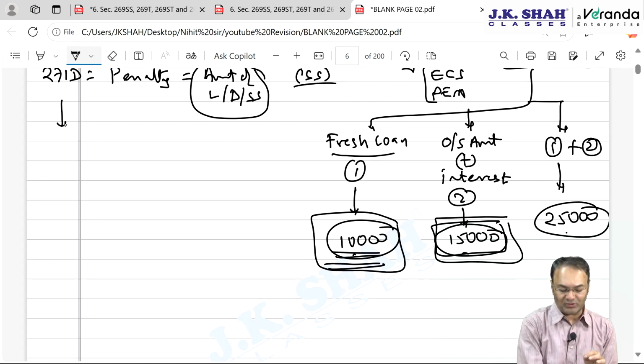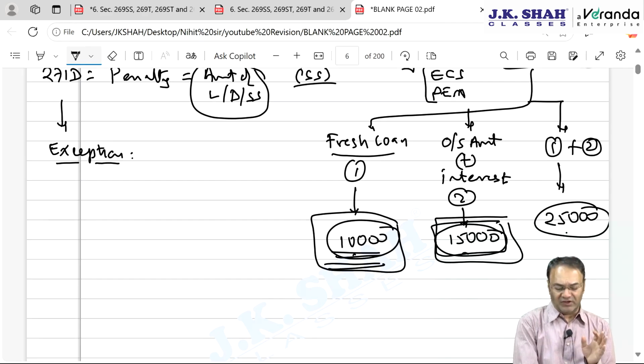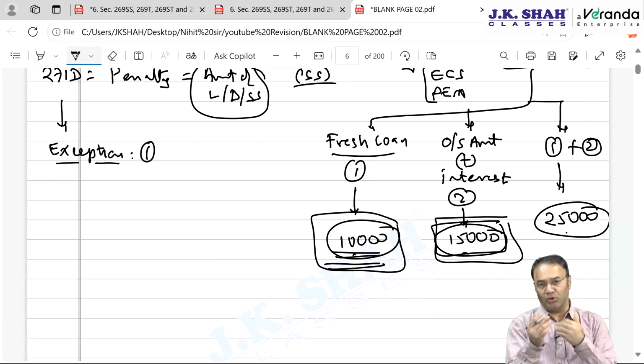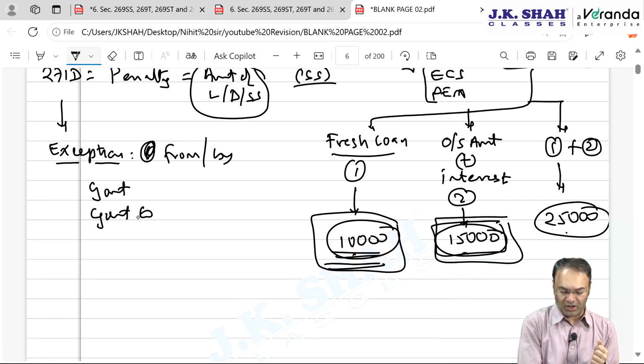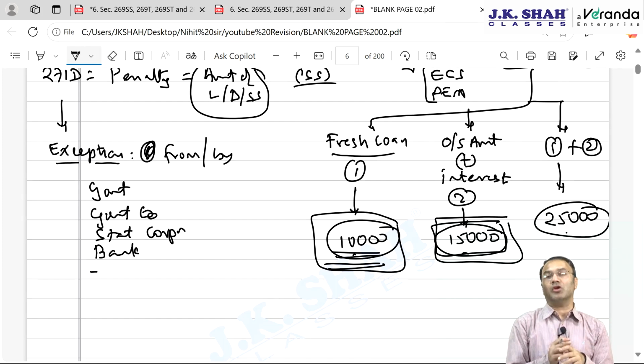And there are a few exceptions. There are 5 exceptions to this section where the requirement of this section will not apply. It says when the loan or deposit or specified sum is taken from or taken by, both ways of transaction, from or by 5 persons: government, company, government company, statutory corporation, any bank, or a situation where lender and borrower both are farmers, both are agriculturists.